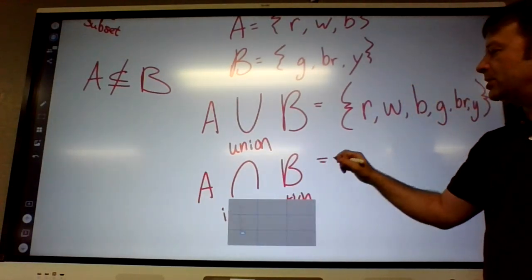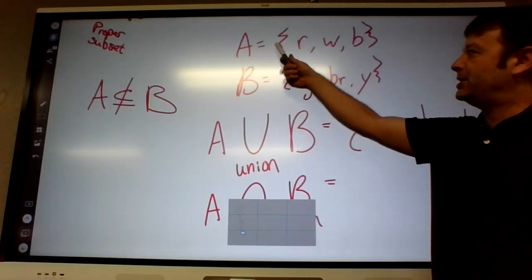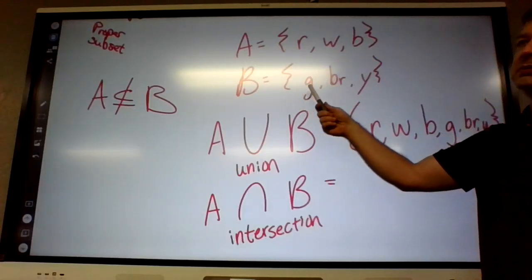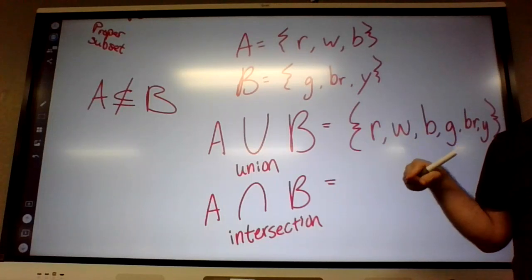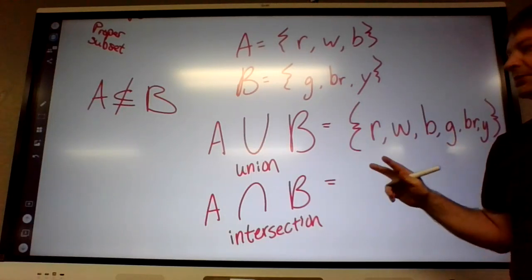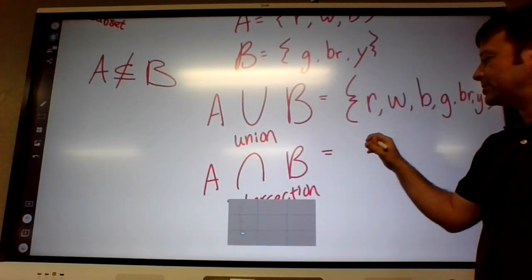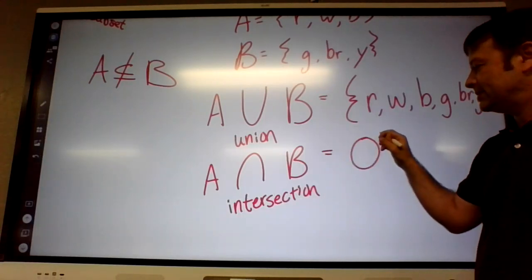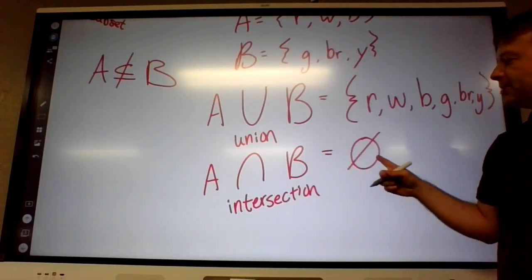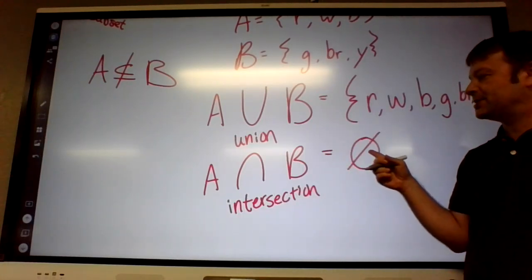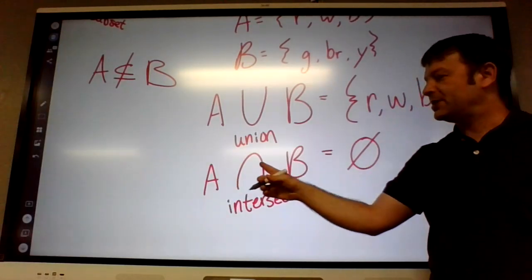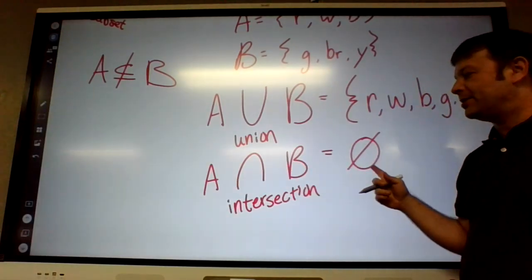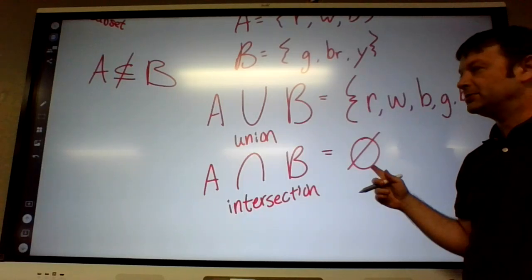So, what do sets A and B have in common? Nothing. Okay, from last year, when we had an answer that was nothing, you remember what we put? Yeah, no solution, or it's also called the empty set. Okay, so this is also a symbol for sets. It just means nothing. So if you do the intersection of A and B, they have nothing in common. This is how you would write it.